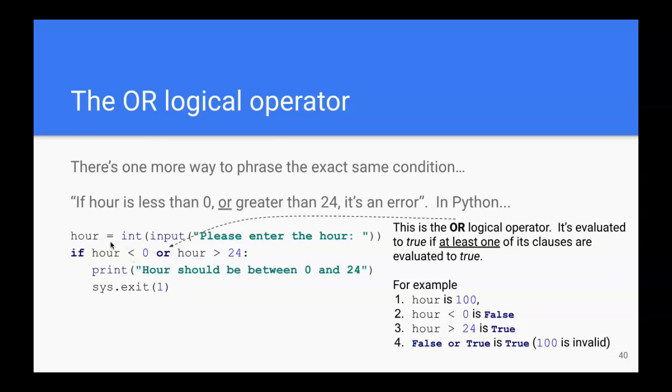Well, that's false. What about 100 greater than 24? That is true. So we have false or true, which gives us true. And that's how we come in here and say, hey, 100 is bad. The hour should be between 0 and 24.